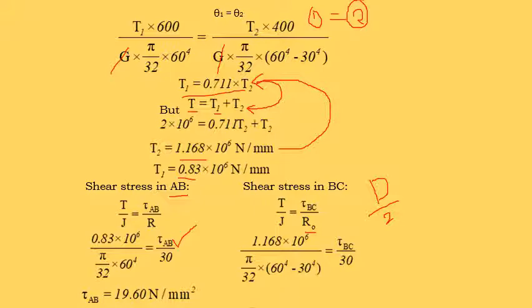Polar moment of inertia is pi by 32 into 60 power 4 minus 30 power 4 is equals to tau BC we have to determine. Radius is diameter by 2, 60 by 2, 30. Then by solving this equation, we will get tau BC 29.39 Newton per millimeter square.